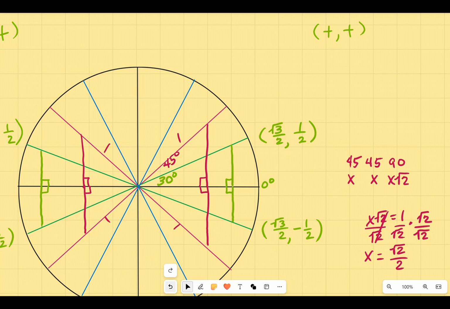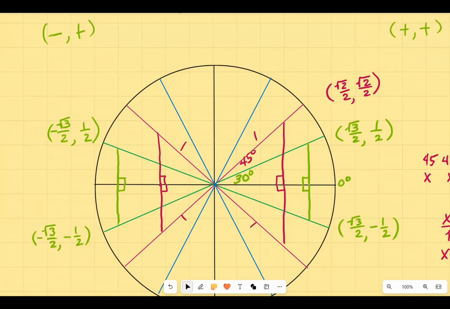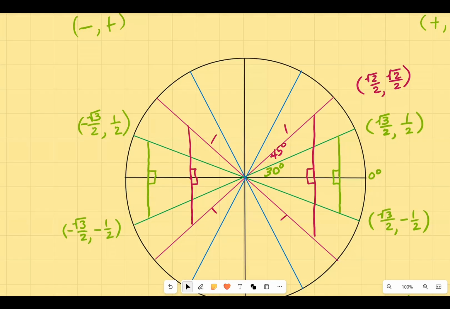So what that means is this time I'm going to have root 2 over 2 and another root 2 over 2. And I'm going to do the same thing with reflecting. So I'm going to reflect over to my second quadrant, which has signs negative and positive, but I still have the same coordinates.